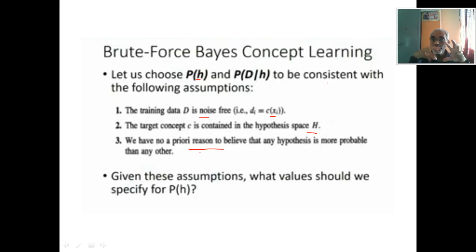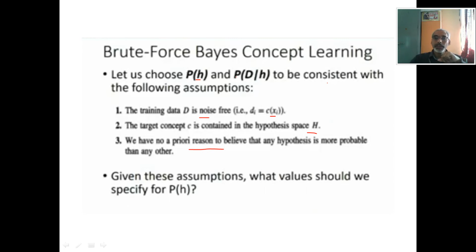So right now we cannot say that one particular hypothesis is more probable than any other. We are treating all the hypotheses the same at the initial point. So given these assumptions, what value should we specify for probability of H? What is that probability of H?